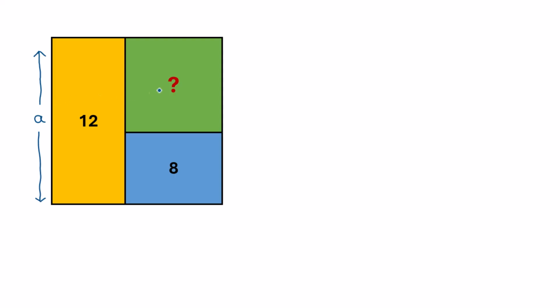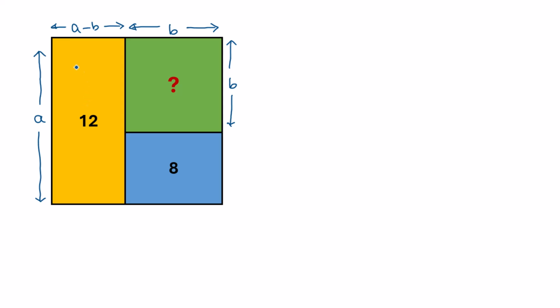And consider the length of this green square is B. That means this length is B. As this length is A because this is the side length of this large square, and this length is B, so this remaining length will be A minus B, because the total length is A and this is B.